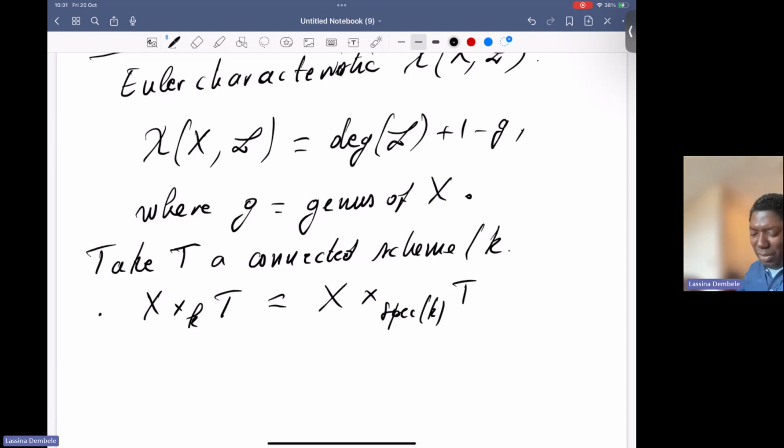It's quite intuitive. So if I take a base change like this, then you let X_t be the fiber.